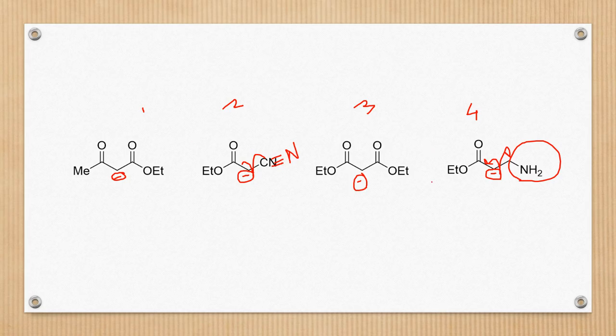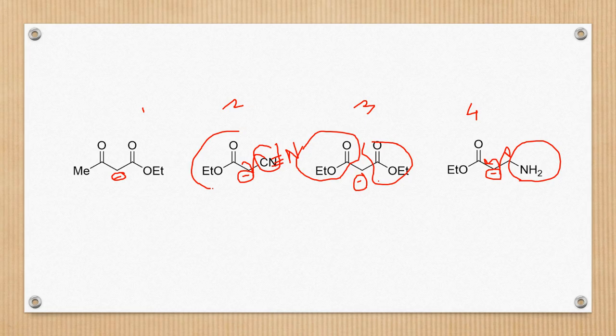So for an active methylene compound, that methylene carbanion should be in conjugation with those two groups. Basically there is a requirement of having two electron withdrawing groups at the center, and a methylene sandwiched between them. CN is an electron withdrawing group and CO2 is also an electron withdrawing group. So this methylene is sandwiched between these two electron withdrawing groups.